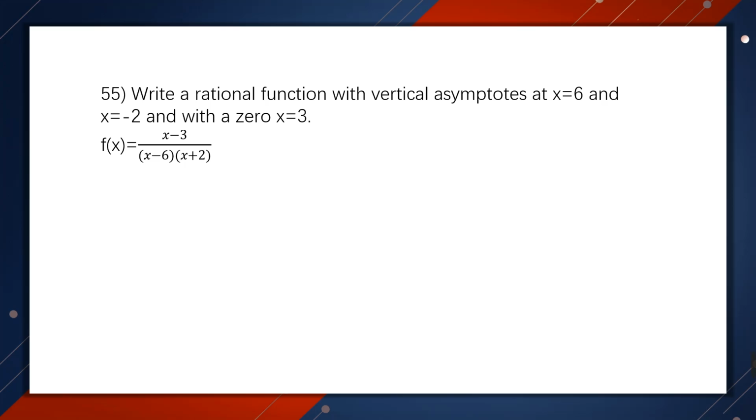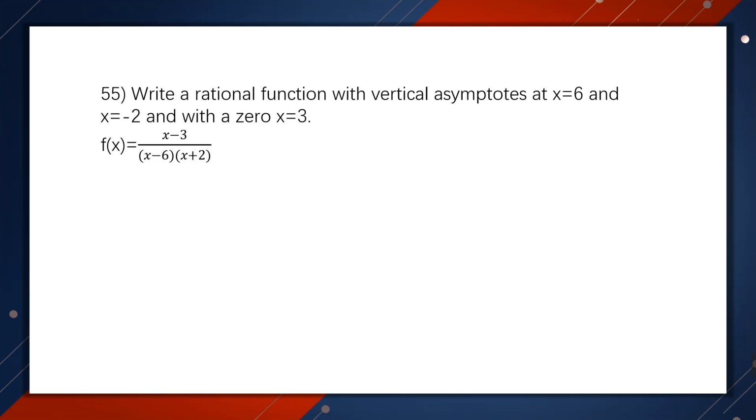Last question. Write a rational function with vertical asymptotes at x equals 6 and x equals negative 2, and with the zero at x equals 3. So if we want a function with vertical asymptotes like that, the denominator must have factors like x minus 6 and x plus 2.